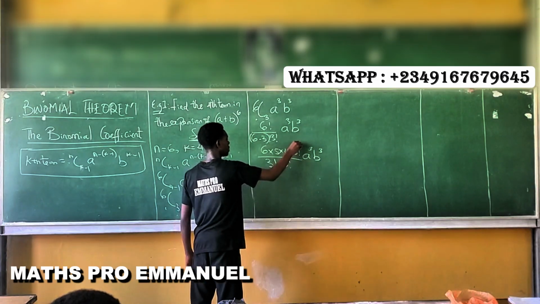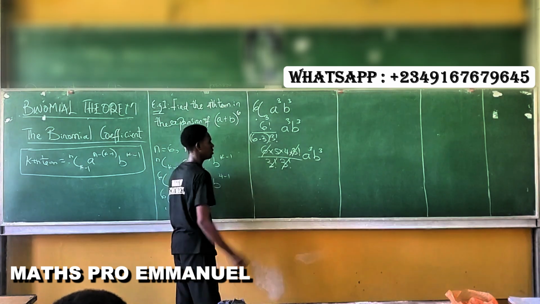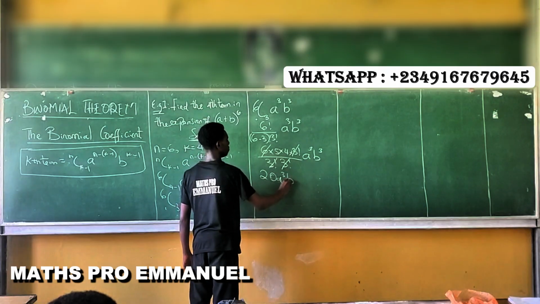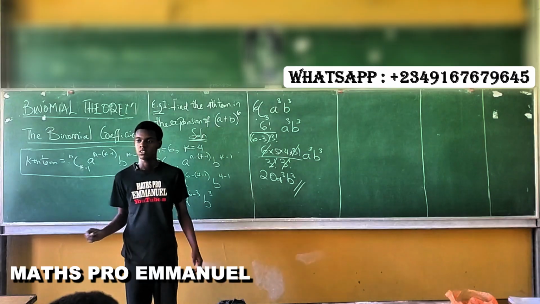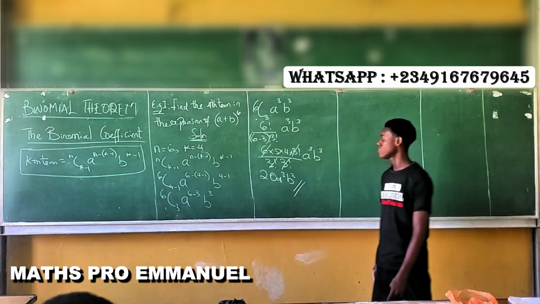Now 3 factorial can cancel 3 factorial. Then this is 20 a cubed b cubed, and that becomes the fourth term of the expansion. So that's the answer. Easy.